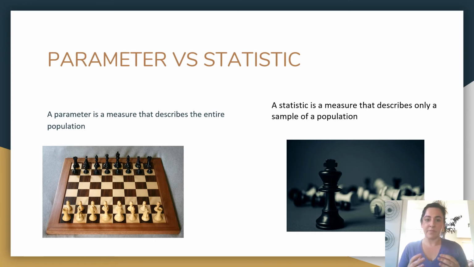Now a statistic starts with S, and guess what else starts with S? Sample. So a statistic is a measure that describes only a sample of the population. The parameter describes the whole population. The statistic describes a sample of the population.